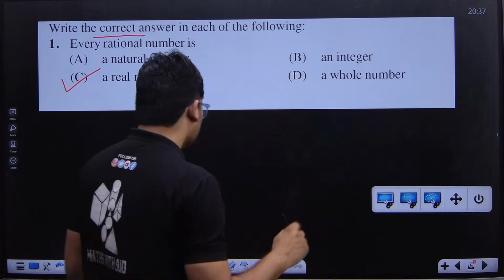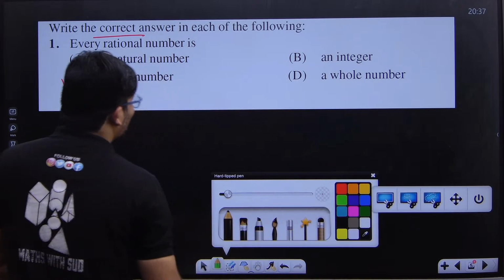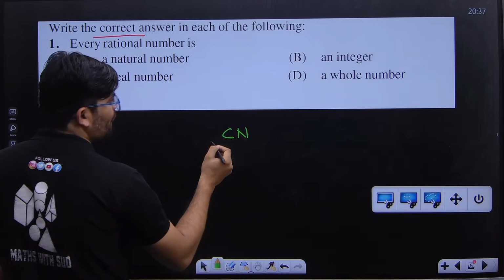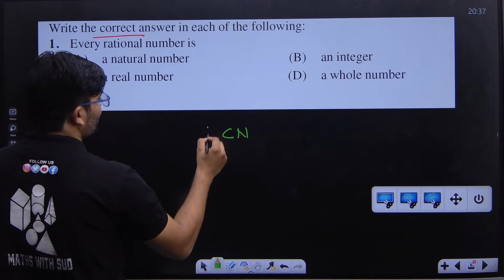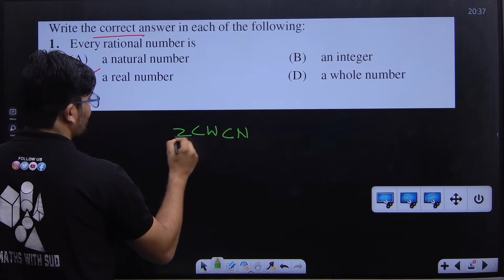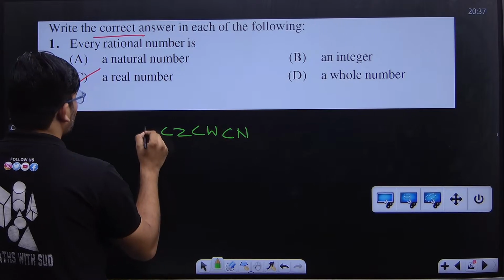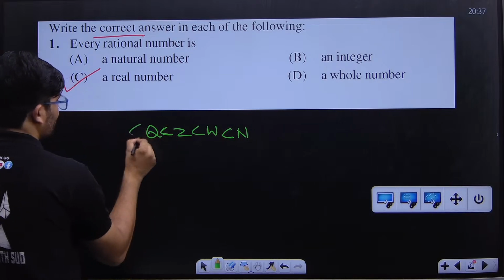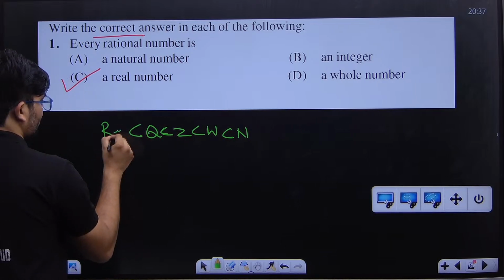You brought a very good terminology. So you can say natural number is a subset of whole number, which is a subset of integer, which is a subset of rational number, which is a subset of real number.